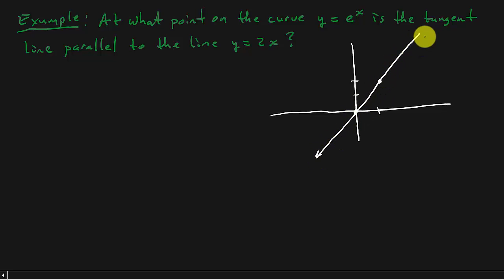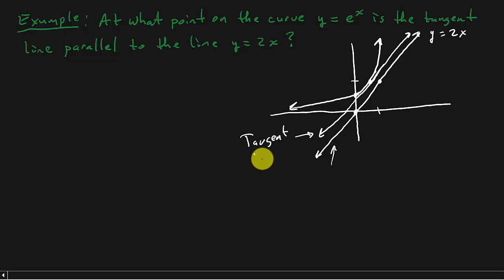So that's the line y equals 2x, and then 0, 1, and the graph of e to the x is going to look something like that. Somewhere there's a tangent line that's parallel to this line, y equals 2x.